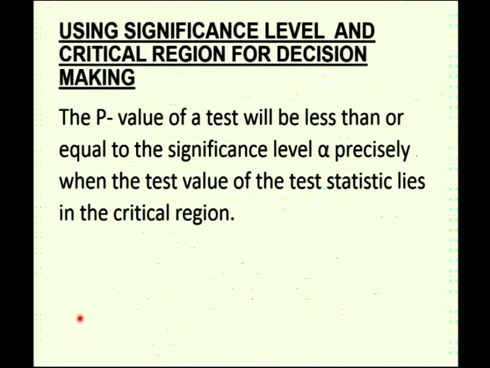Now, how do the significance level and critical region play a very important role in decision making? The p value of a test, that is the probability value corresponding to the test statistic, will be less than or equal to the significance level alpha precisely when the test value of the test statistic lies in the critical region, that is, in the rejection region.